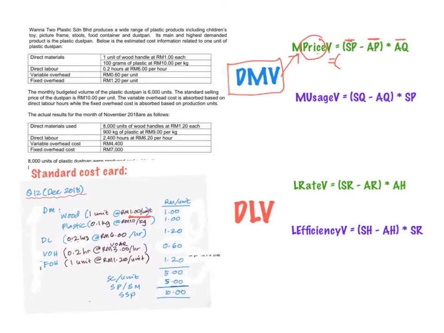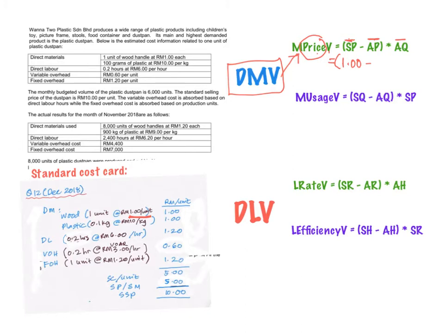This is the standard price because whatever is listed in the standard cost card is the standard cost, the standard cost per unit and the standard quantity per unit. So you write here that the standard price is 1 ringgit.